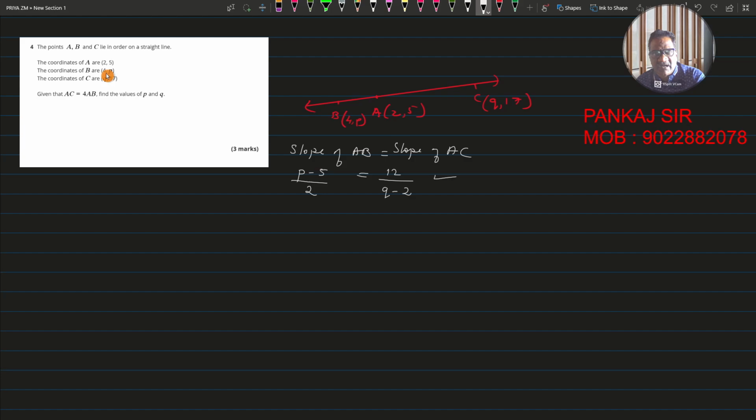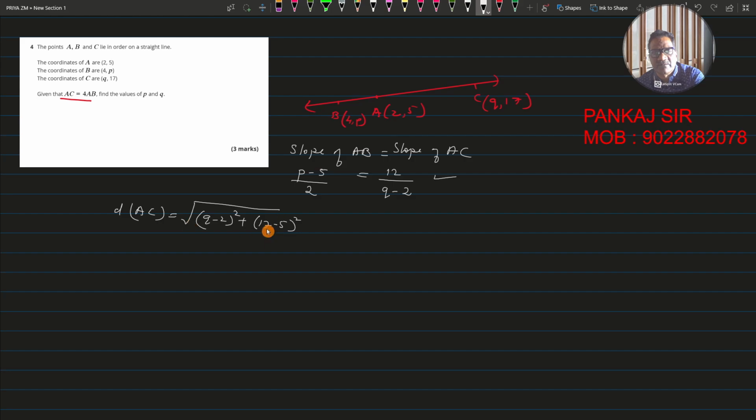Now, another piece of information he has given us is this: AC is equal to 4 times AB. So let us try to use this information. Distance AC will be equal to the square root of (Q minus 2) the whole square plus (17 minus 5) the whole square.